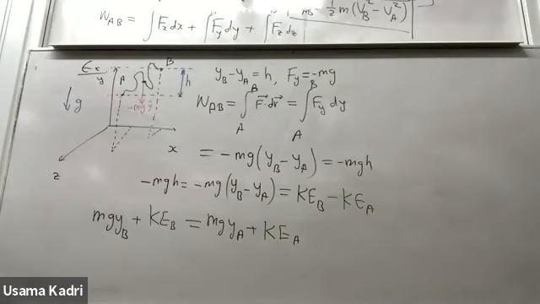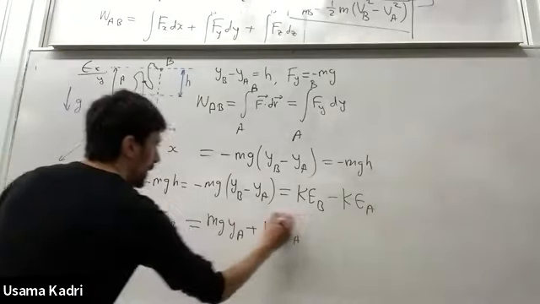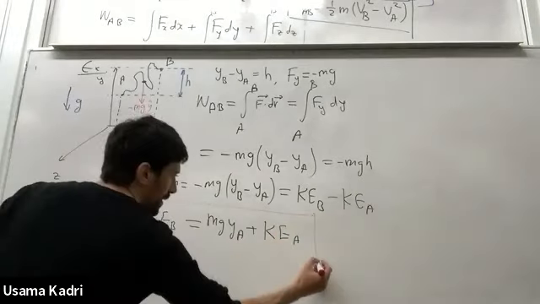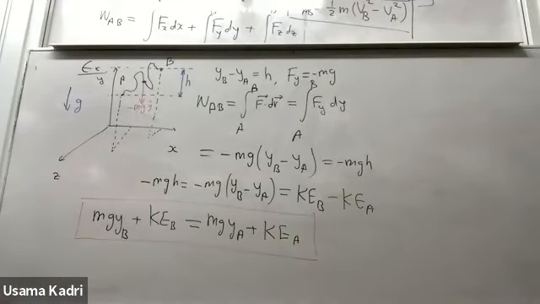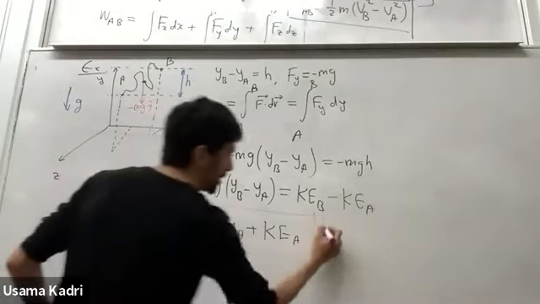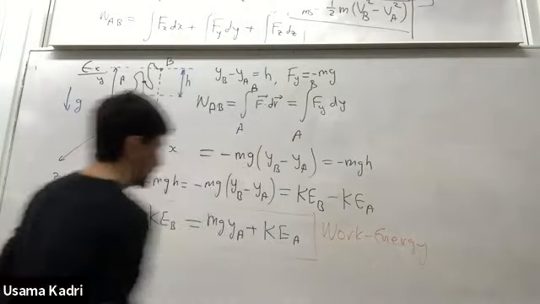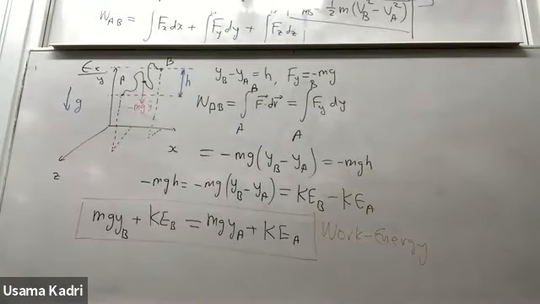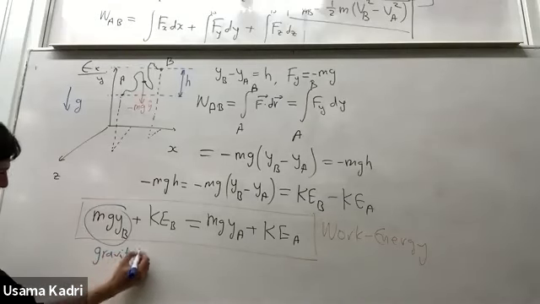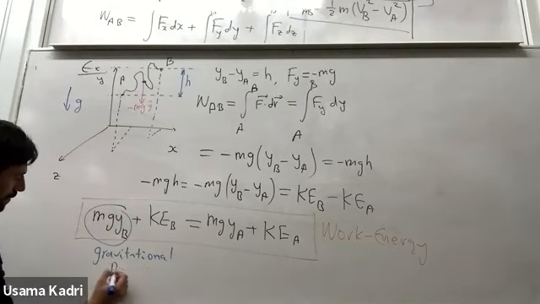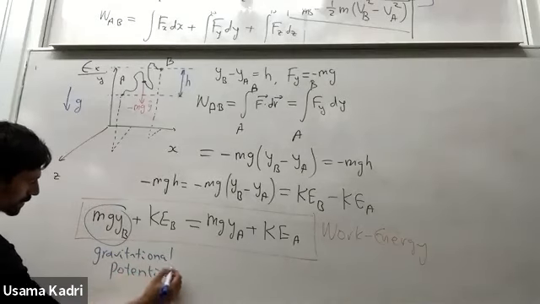And this is the second important theorem that I wanted to get to today, and this is called the work energy theorem. Now you have that mgy involved, and this is called the gravitational potential energy.